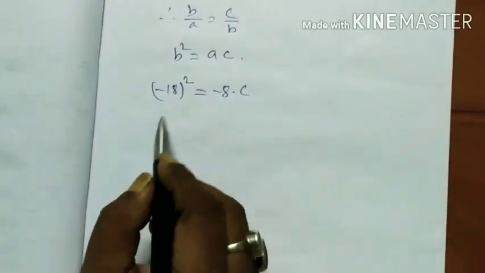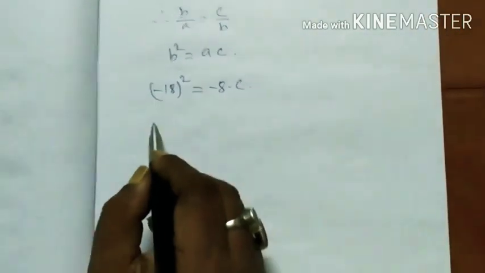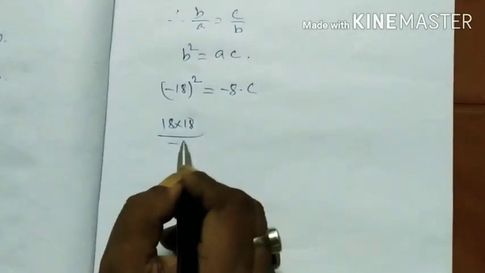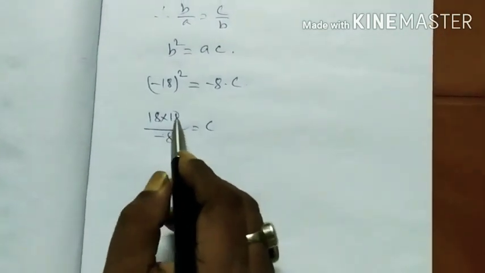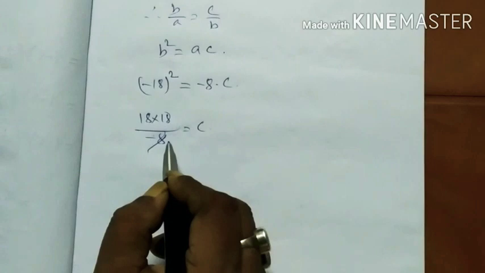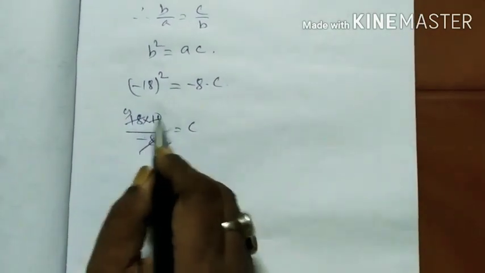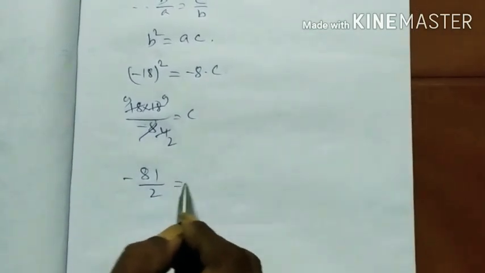So 18 into 18, this will be positive, by 8 minus 8 is equal to c. 2 4s are 8, 2 9s are 18. So 81 by minus 2 is your c.